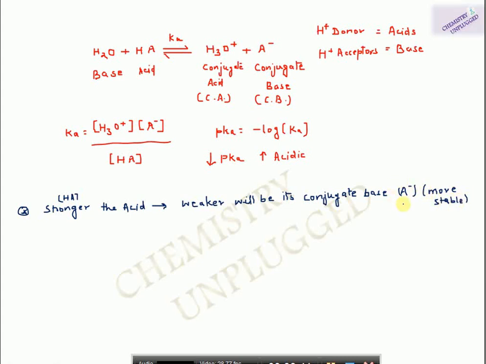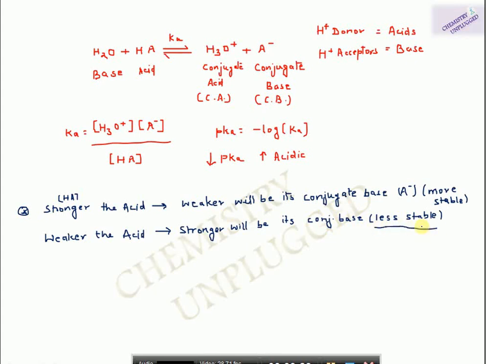And the weaker the acid, the stronger will be its conjugate base. So there is a vice versa relationship. A stronger base means it will be less stable because it is acting as a strong base and will easily participate in reactions, therefore it will be less stable in nature.